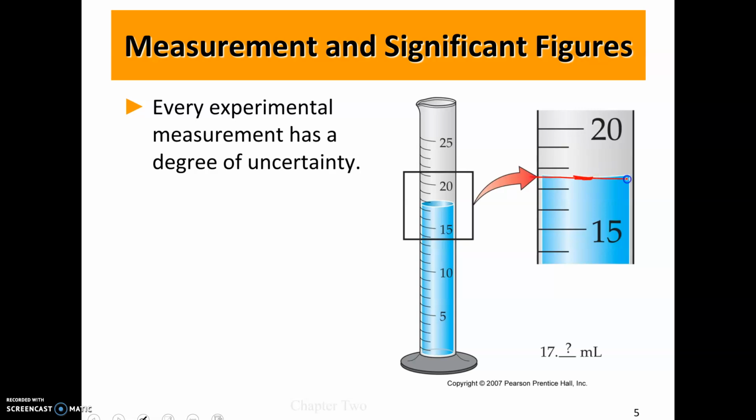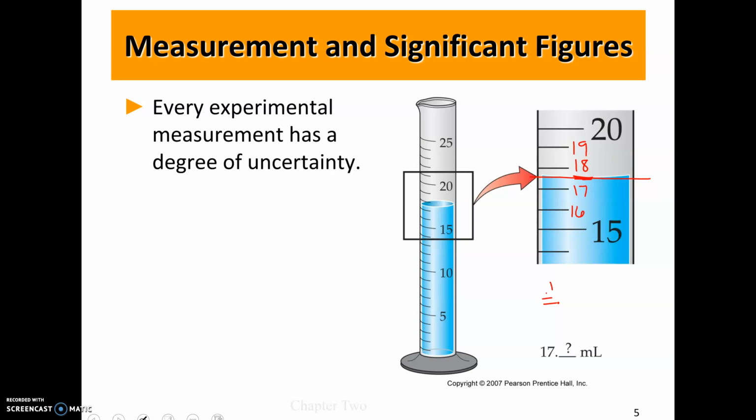I can clearly see markings for the ones place, right? This is 16, this is 17, this is 18, this is 19. I cannot see markings for the tenths place, the 0.1. So the rule is that I am allowed to estimate to the tenths place.